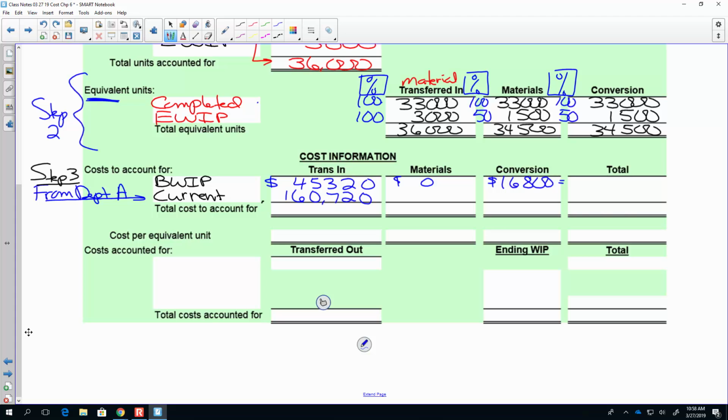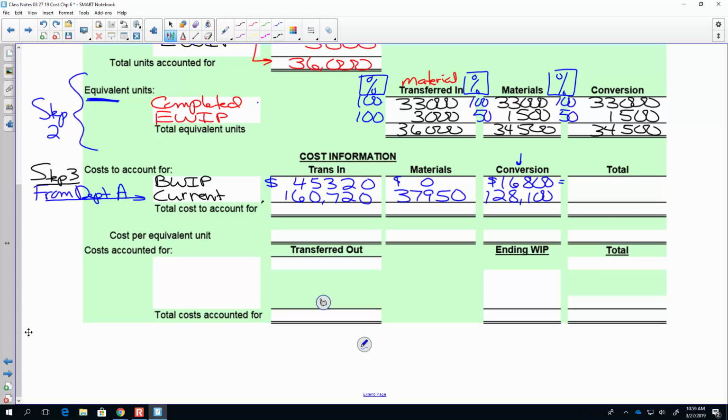And then obviously we would total those three up. On the current cost side, you see a question mark for transferred in. That's already done because we pulled it in from the first department. 37,950, and 128,100 for conversion.